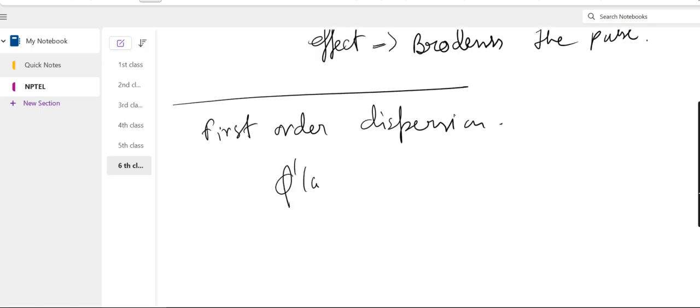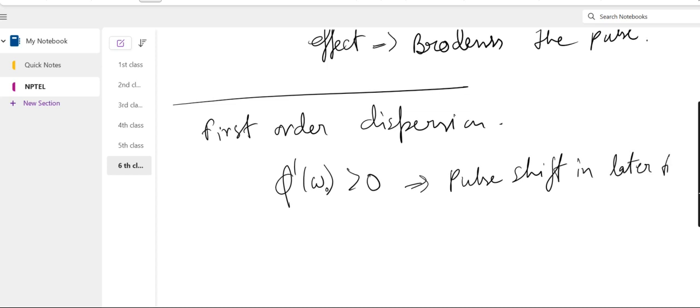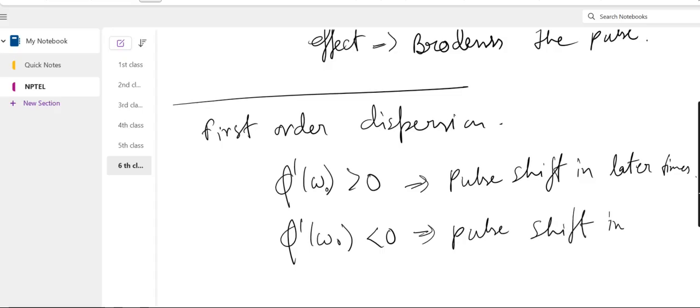So if it is first order dispersion and it is greater than 0, so basically pulse shifts to later times, and if phi dash at omega naught is less than 0, pulse shifts to previous times. So previous times mean past and later times mean future.